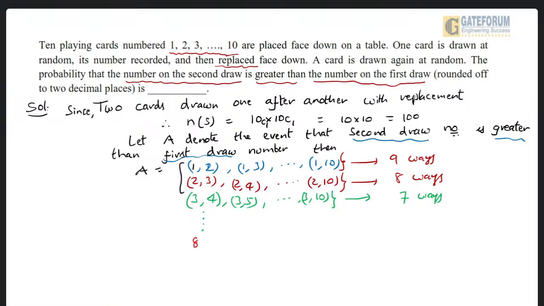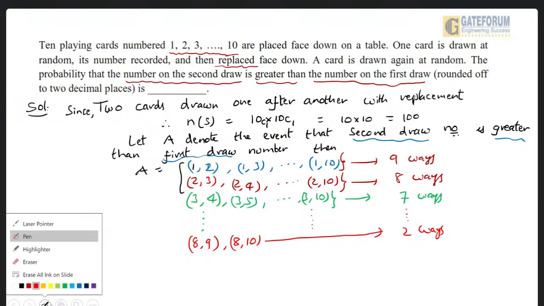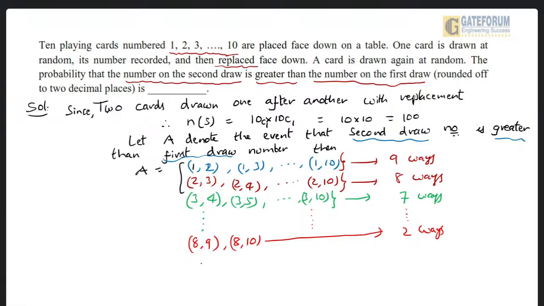If the first draw is 8, the second draw possibility is 9, 10, and this is 2 ways, etc. So in each row, when we are moving row to row, one value is reducing, and the last possibility is: first number is 9, the second possibility is 10.